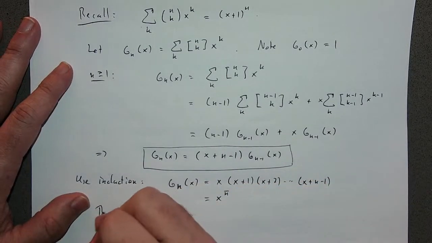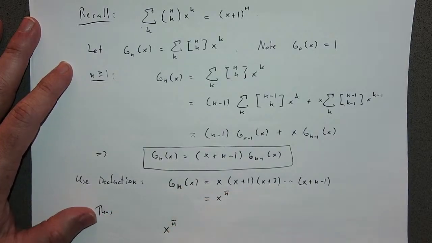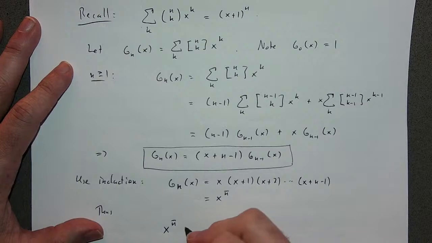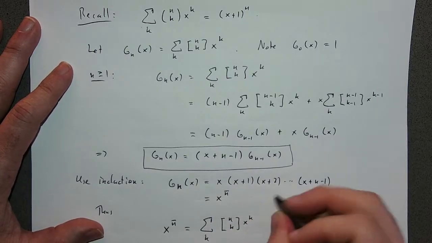Thus, x to the n rising is this expression, this generating function, where the coefficients here are these Stirling cycle numbers.